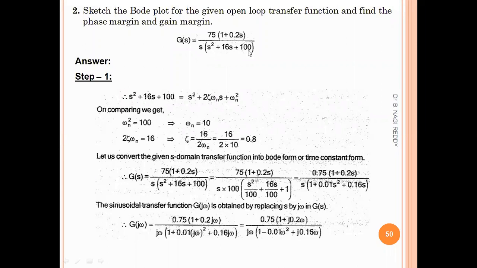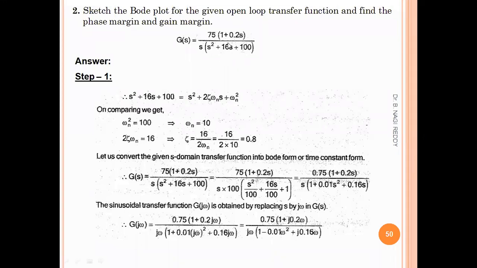However, this is a second order quadratic equation. If you compare this equation with the standard second order form, we can calculate the zeta value and the omega n value. So we can compare the coefficients and calculate omega n and zeta for the given quadratic equation. Okay, right.